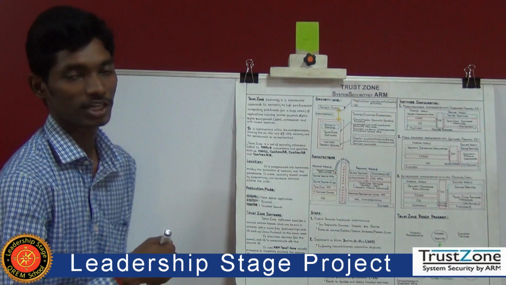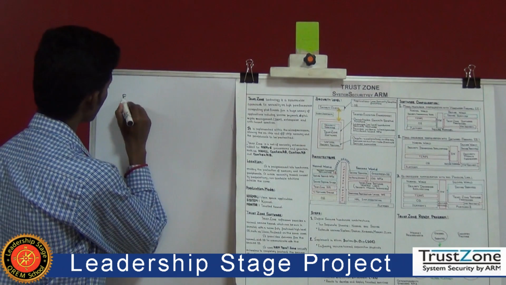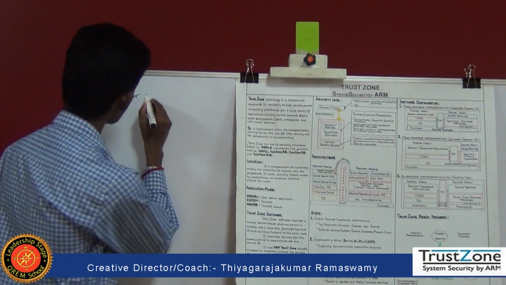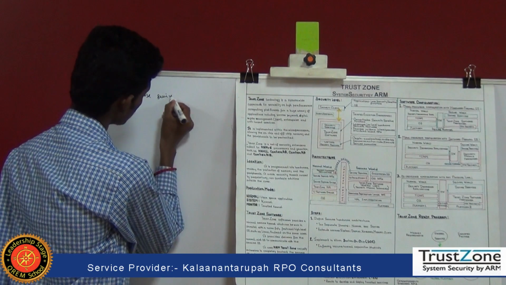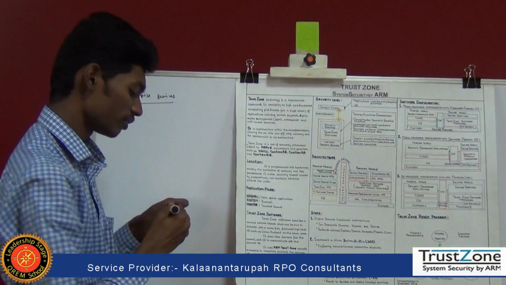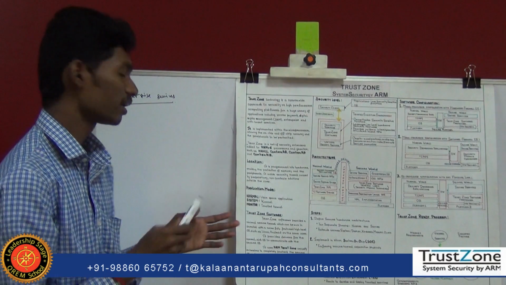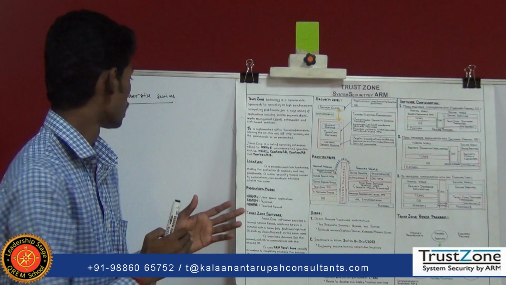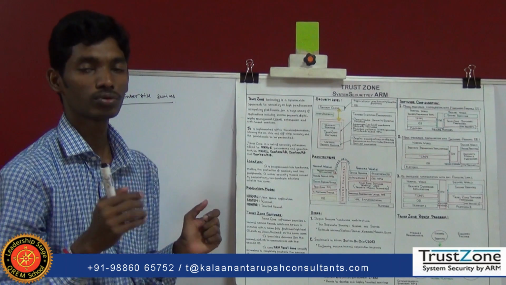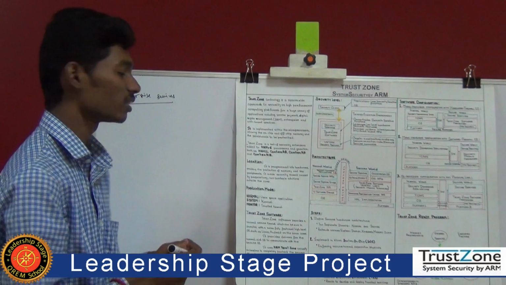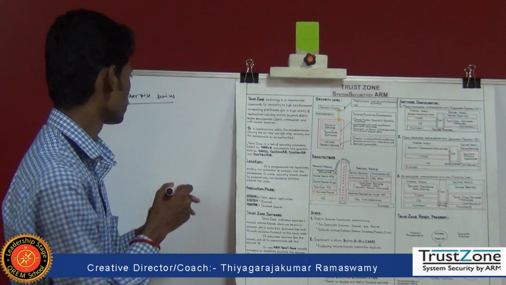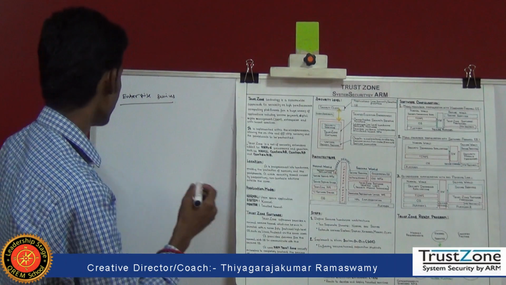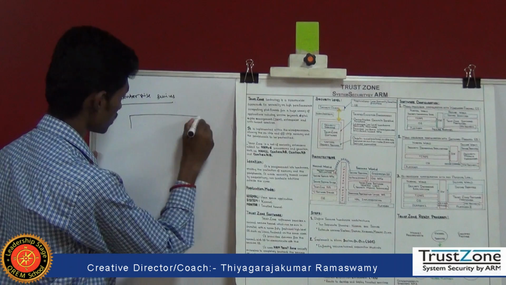And the next one is enterprise services. Enterprise services are used to increase business integrity, and they are also used to build the SOA, that is service oriented architecture. These enterprise services include many applications same as the DRM.